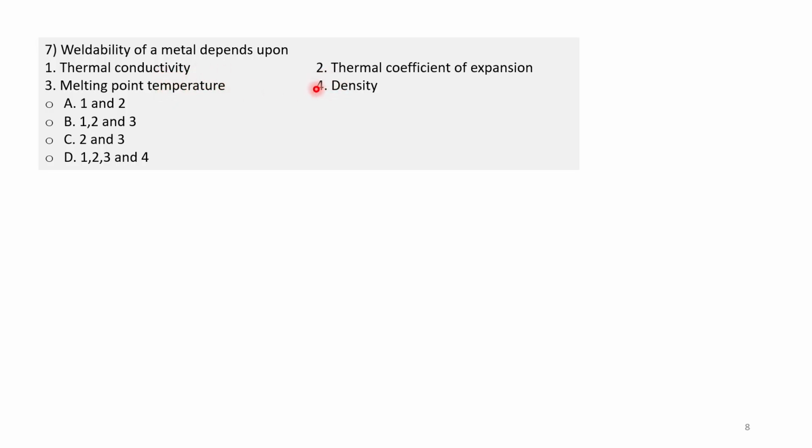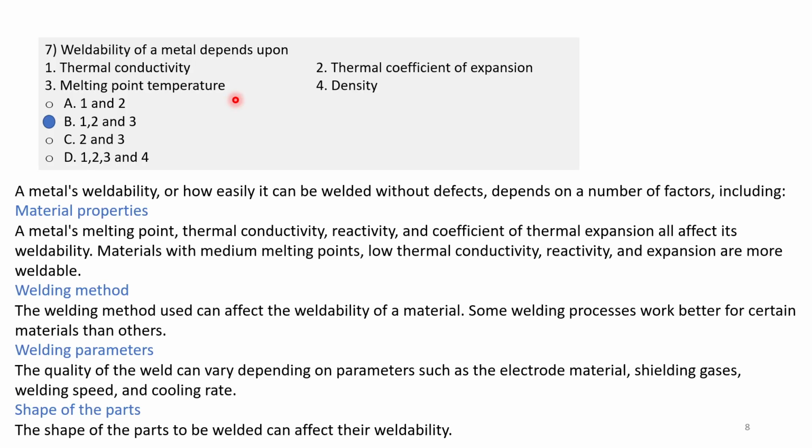Density of metal won't affect your weldability, and other than that, all these three are correct options. Material weldability, also known as how easily it can be welded without defects, depends on a number of factors including material properties such as a metal's melting point, thermal conductivity, its reactivity to gases surrounding it, and the coefficient of thermal expansion.